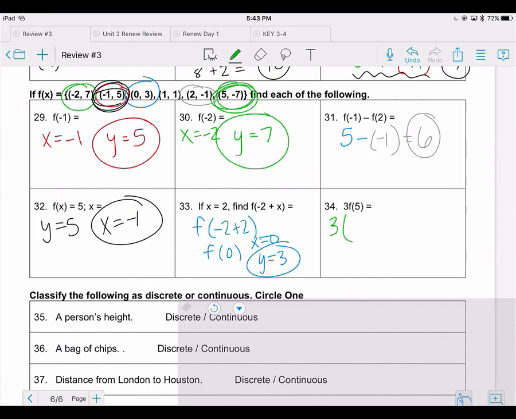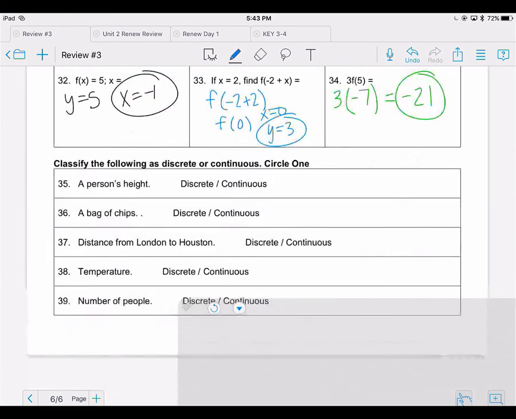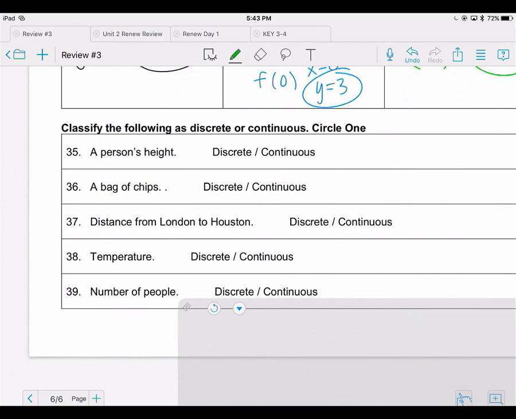When x is 5, y is negative 7. 3 times negative 7 is negative 21. So remember, if it's inside the parentheses, it's x. If it's outside, it's y. If they're giving you x, just go find that x value and look at what goes with it for the y. The last one. A person's height, is this discrete or continuous?